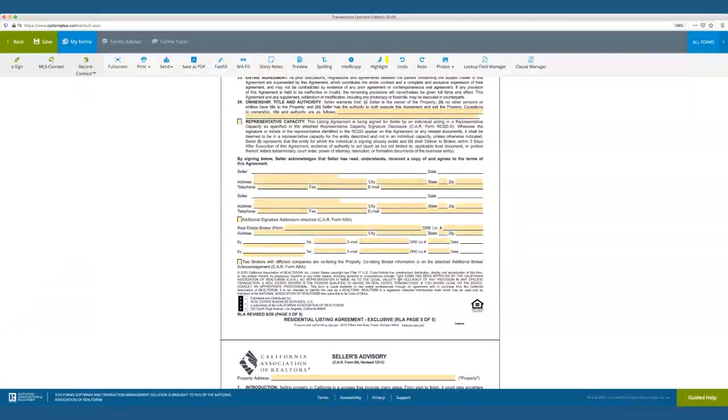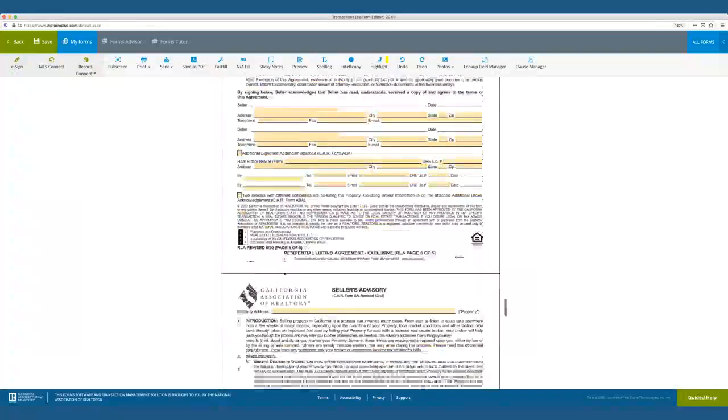So if there's more than two sellers, then there's the additional signature addendum. And then also, if two brokers from different companies are co-listing, that's possible. So there's an additional broker acknowledgement. So there you have it.